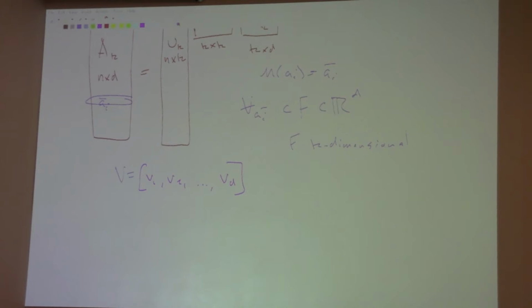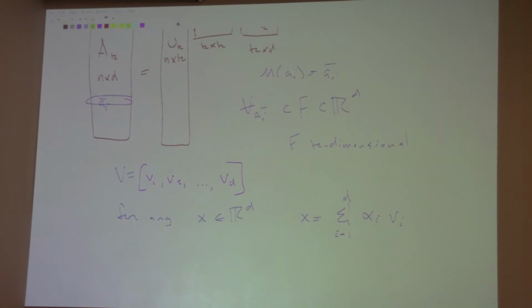And so what we're going to be able to do is say that for any vector x that lives in Rd, we can write x equal to the sum from I equals 1 to d of alpha I times vi.